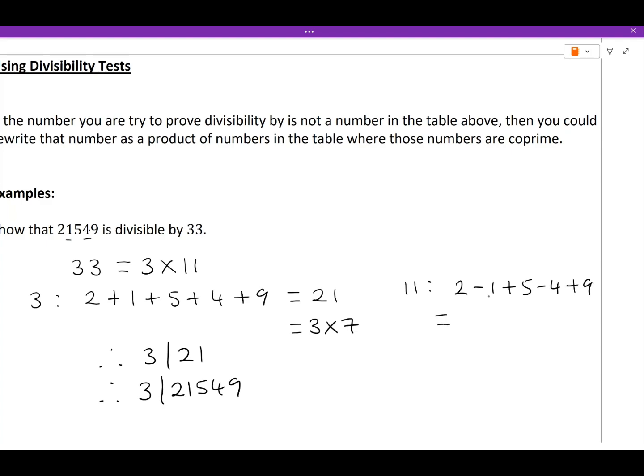So 2 subtract 1 is 1, plus 5 is 6. Take 4 is 2, plus 9 is 11. So therefore, 11 is a factor of 11. Just make sure your line in the middle is bigger than the numbers, because you don't want to mix it up with the ones. So therefore, 11 must be a factor of the initial number that we started with.